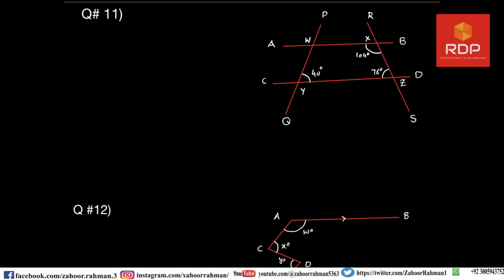Question number 11 is saying, in the figure the lines AB and CD are cut by the transversals PQ and RS, and you can see that clearly in the figure. If DYP, which is this angle, is equal to 46 degrees.